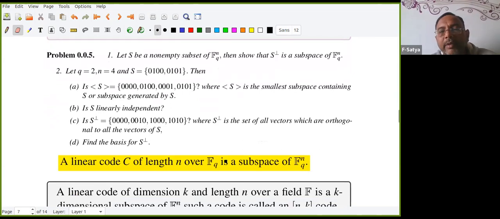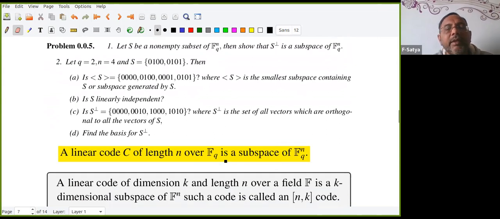So let S be a non-empty subset of F_q to the power n, then we show that S perp is a subspace. So that is one question, you already did it. Now another definition you already know, q equal to 2 and n equal to 4. I'm not saying that it is a subspace. Is S a subspace?